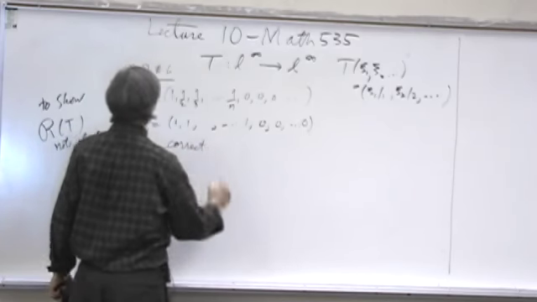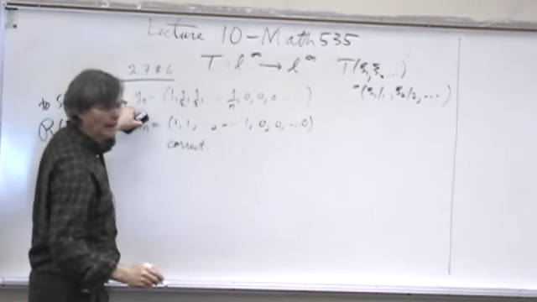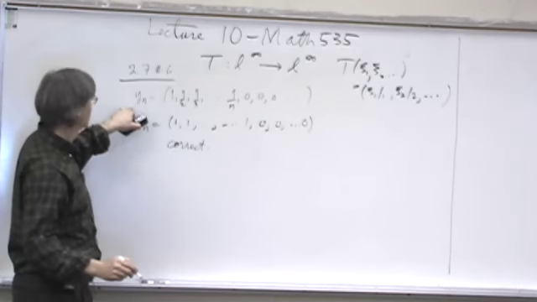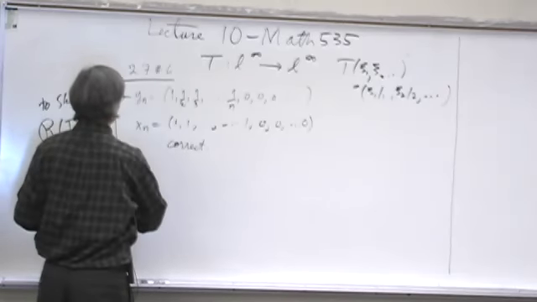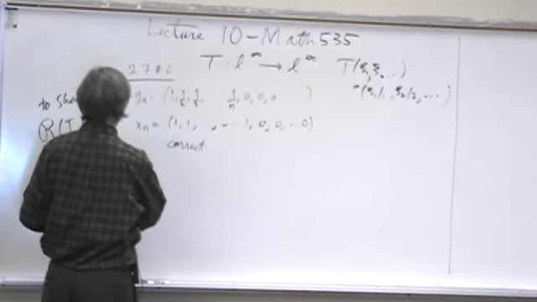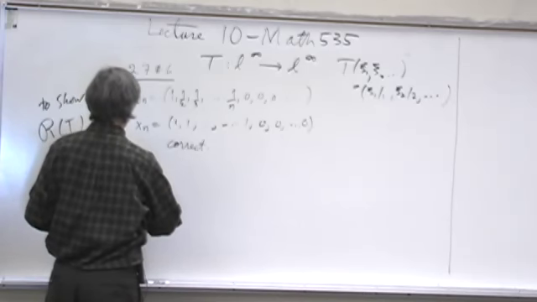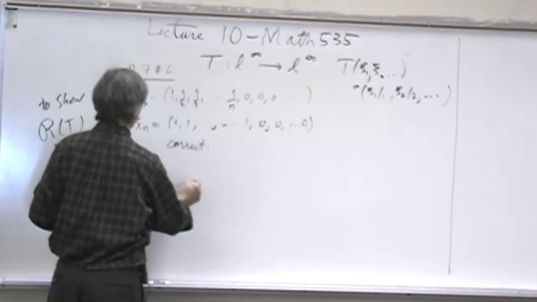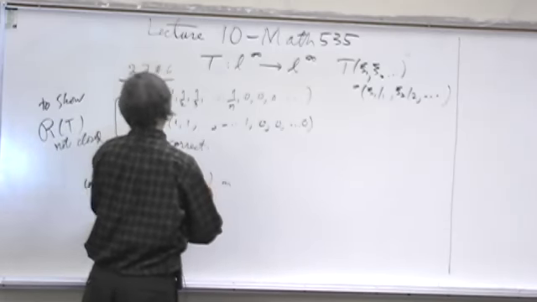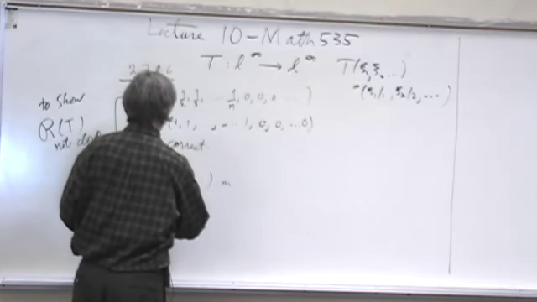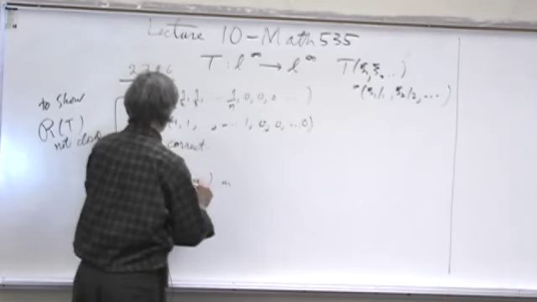You have to be a little bit careful because you have to have yn converging to y. So this one converges to y equals 1, 1/2, 1/3, and so on in L infinity. There are plenty of examples.